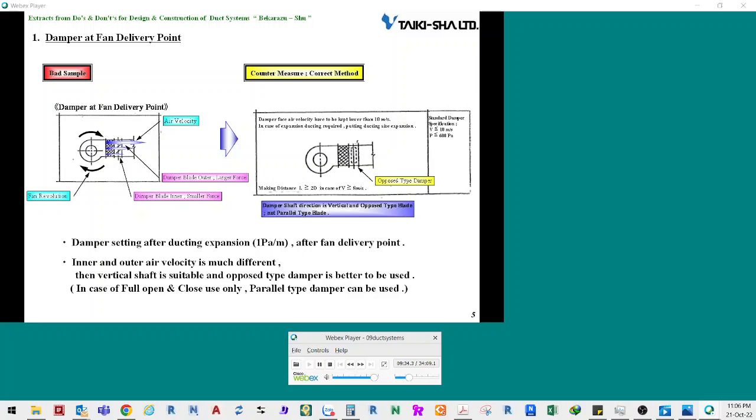If blades are used to open and close a damper, select parallel blades. Adopt either opposing types or parallel types based on how dampers are used. Some manufacturers distribute parallel blade dampers as a standard. Check the type of damper before construction.